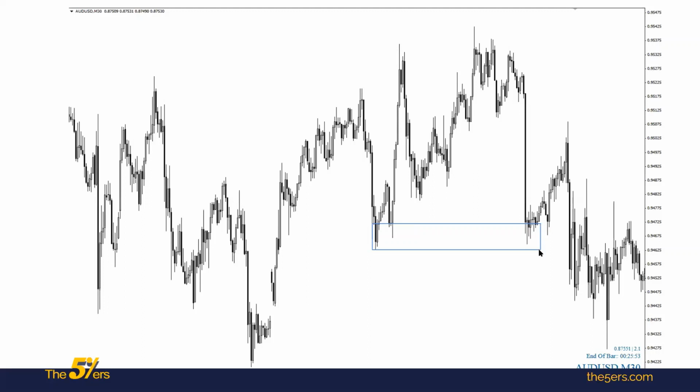Okay, and next time price is visiting, it consumes more of the demand packets in here, and then next time price will break through this whole area.